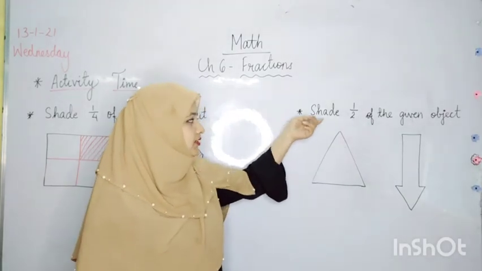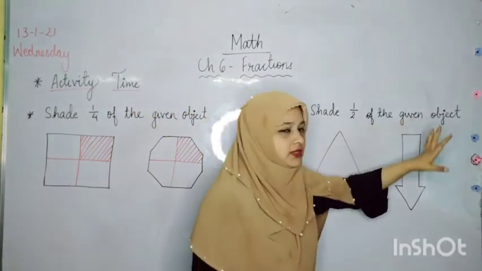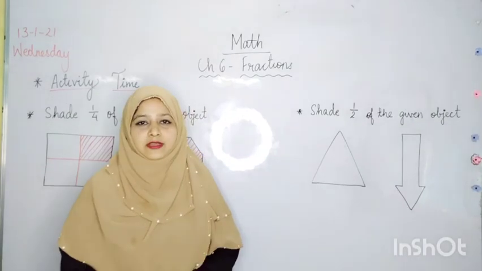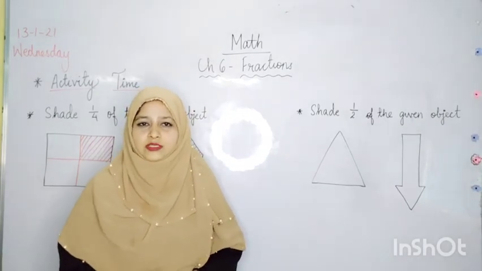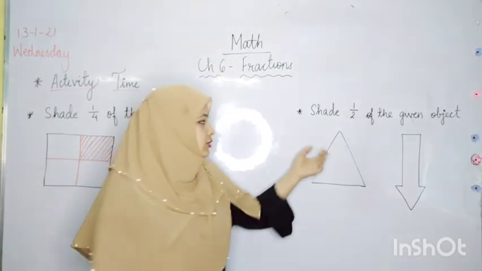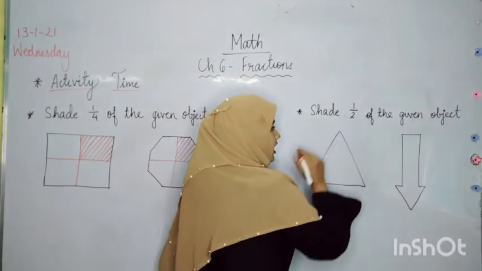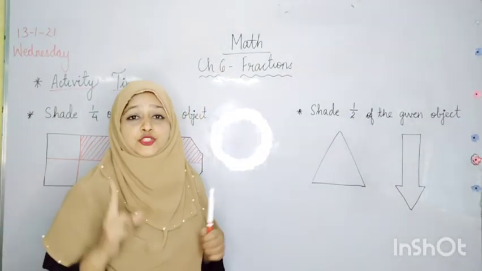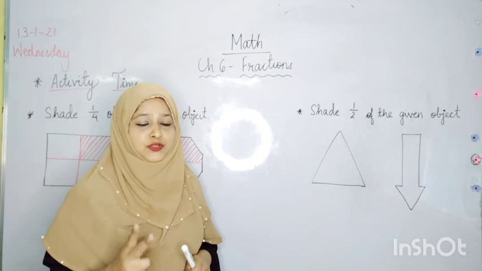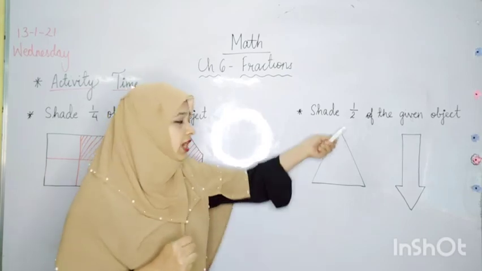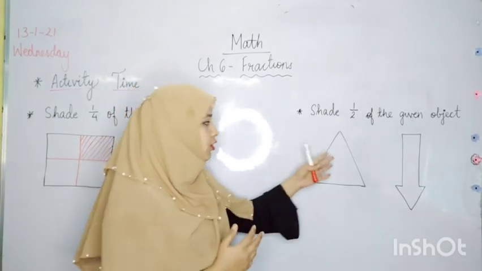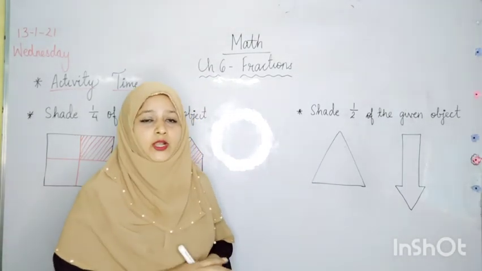Now it is written shade half of the given object. Everybody knows what is half. So for finding out half, what do we do? We make 2 equal parts. As I told you, to find out half, we make that object into 2 equal parts.